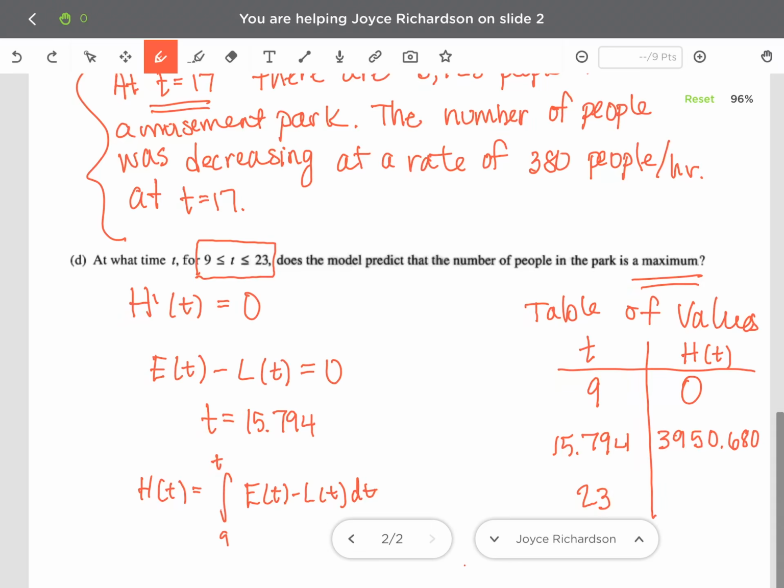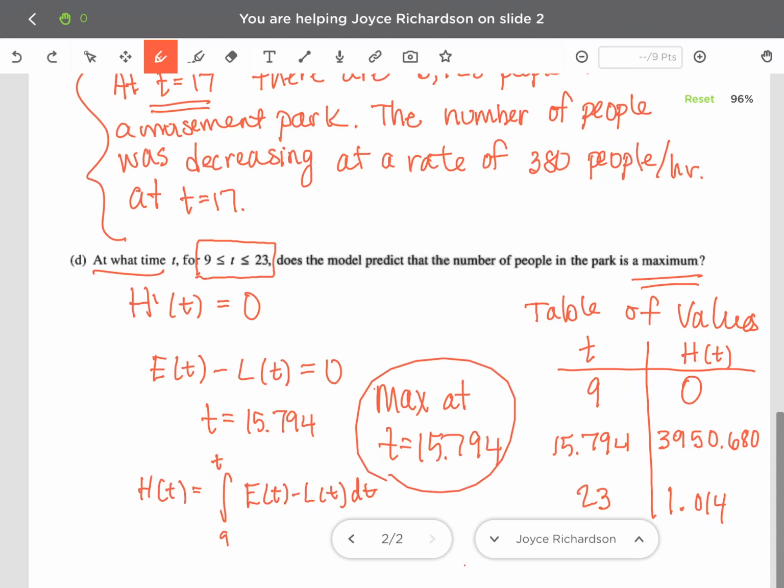If I plug in 23 for this, I end up with 1.014. So this is the max, because it's asking for the time, at t equals 15.794. You must have this. I have a closed interval and they're asking for a maximum.